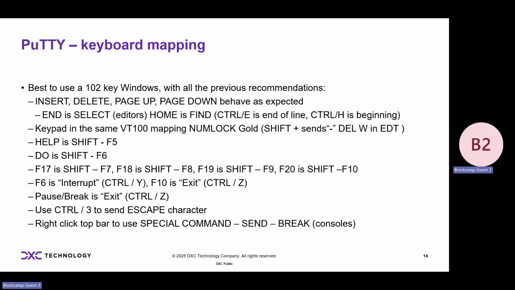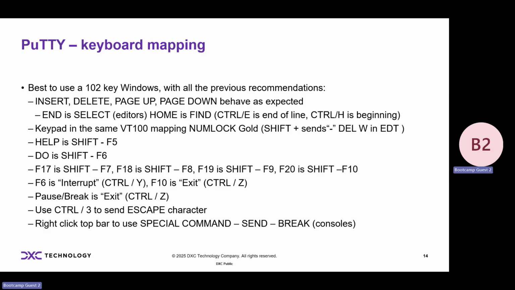And here's the thing, if you press Shift and plus, you will actually get the minus, because that's one of the keys that's missing. So that's where it is, which will be delete word in EDT, for those who are EDT users. Help is actually Shift-5. Do, there it is, it's Shift-6.